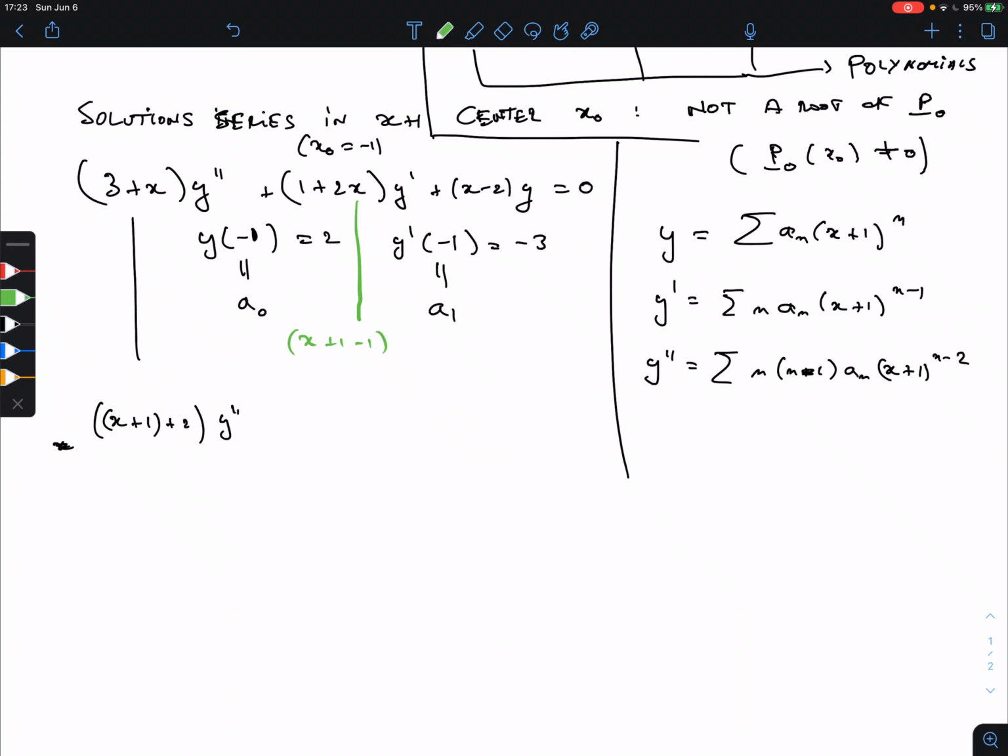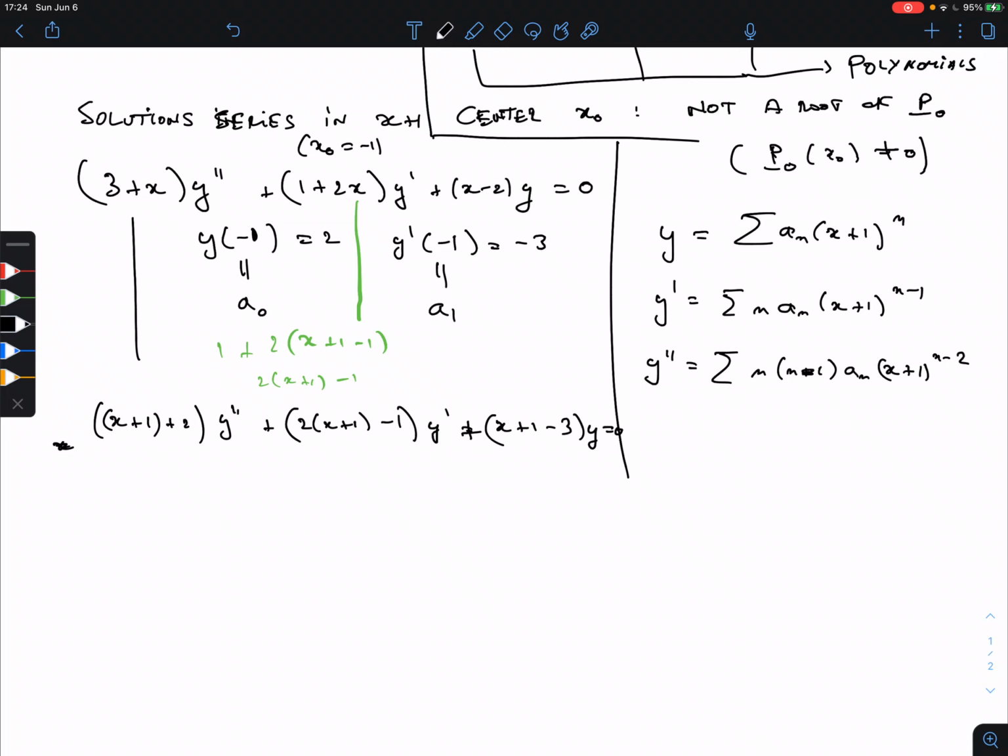So here, if we do twice that, 2x would be 2 times x plus 1 minus 2, plus 1, so it would be minus 1. Okay, so that is plus 2 times x plus 1 minus 1 times y prime. And then here, I hope that it's clear that it's x plus 1 minus 3 times y equals 0.